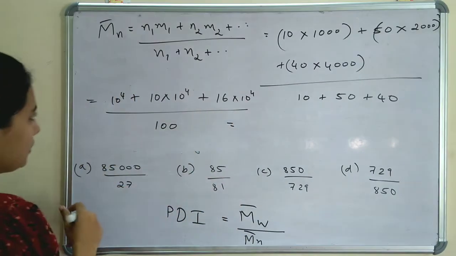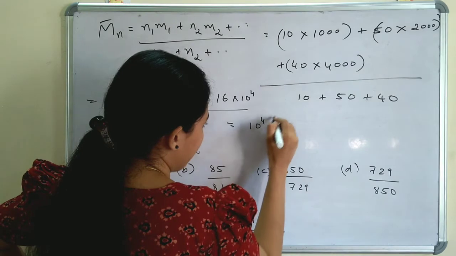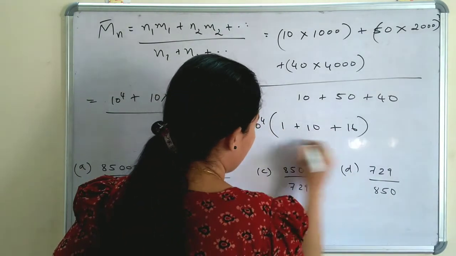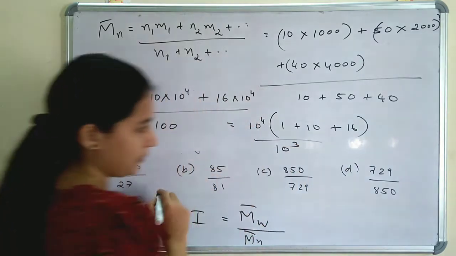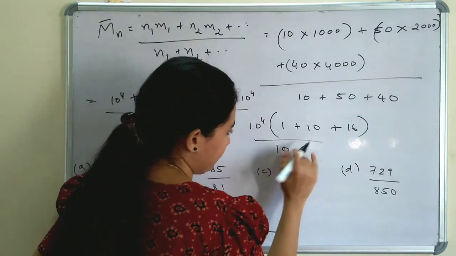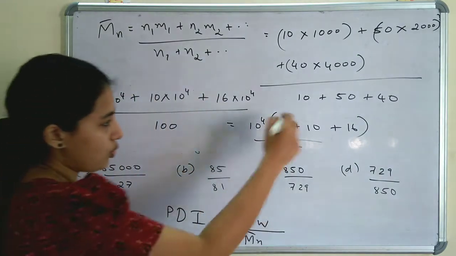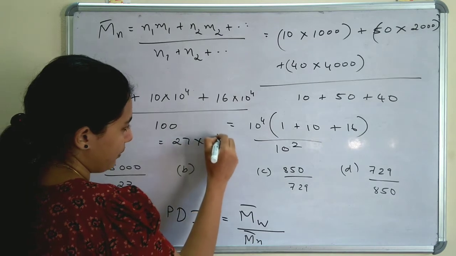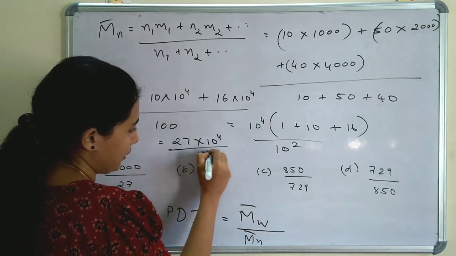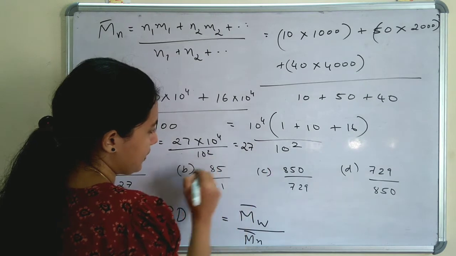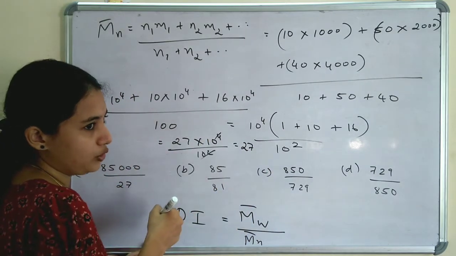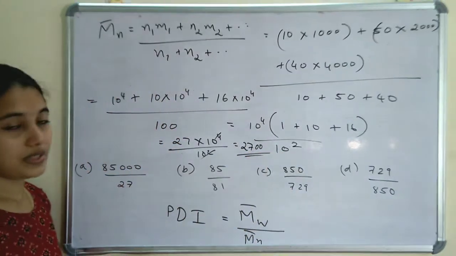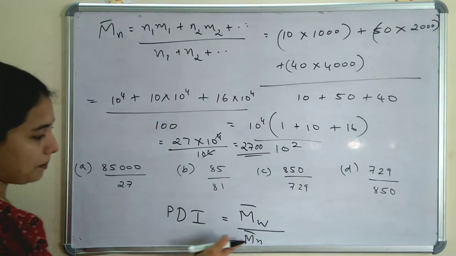So you will get 10 raised to 4 common, 10 raised to 4 into (1 plus 10 plus 16), divided by 10 square. Solving this, 27 into 10 raised to 4 divided by 10 square, which is equal to 27 into 10 square, that is 2700.